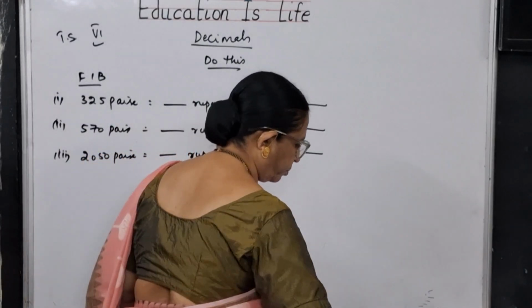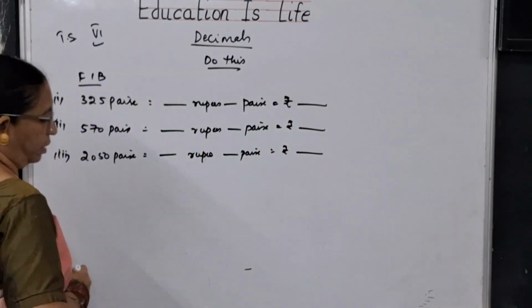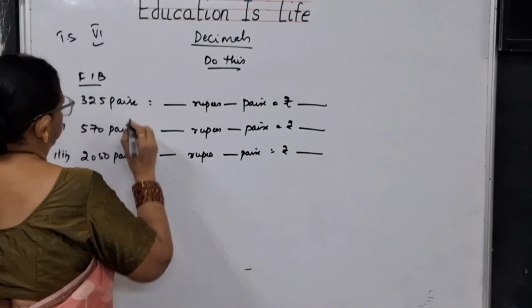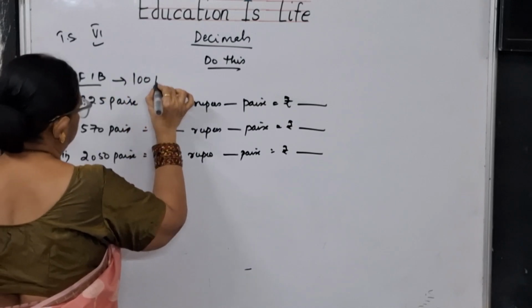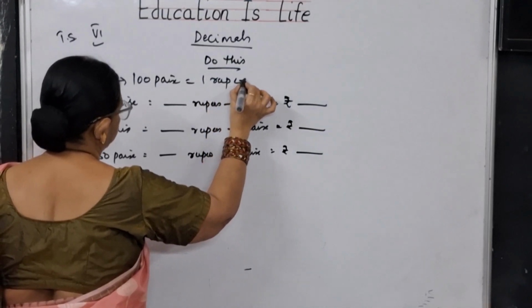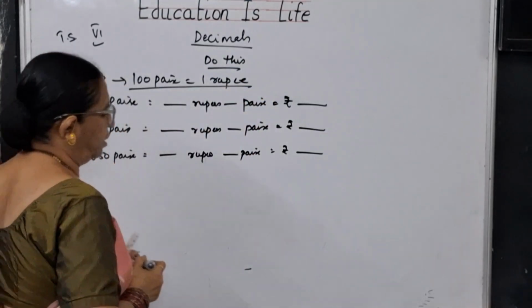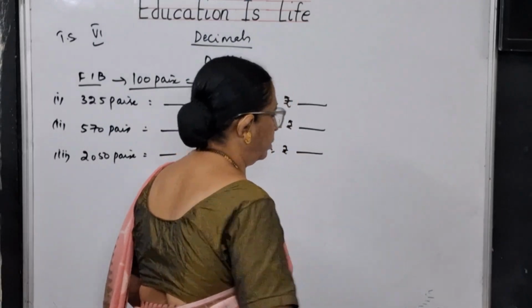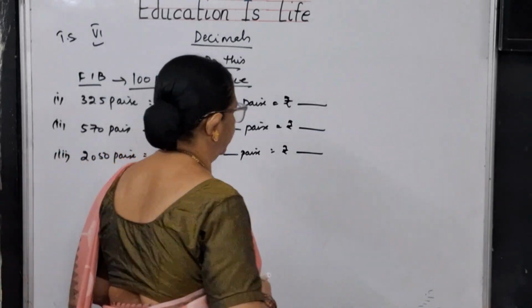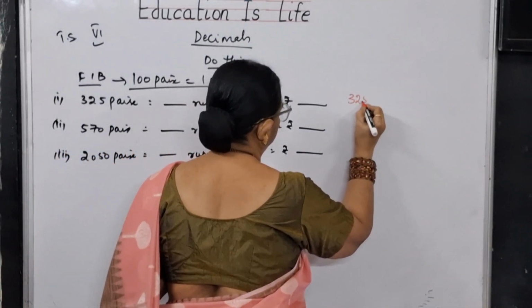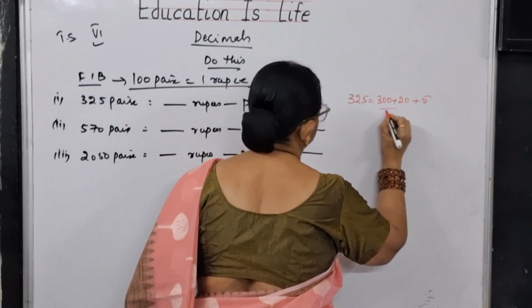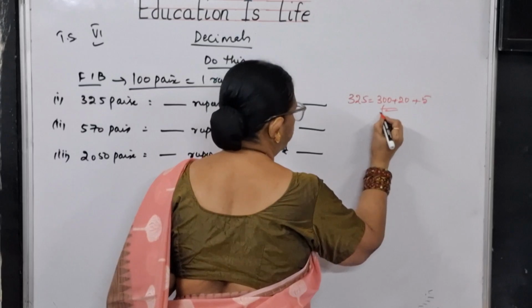3 bits are there. So we know that 100 paise means 1 rupee. This every one of us knows. With this knowledge only, we are going to do this problem. 325, when you are writing in expansion form, you will be writing it as 300 plus 20 plus 5. That means this many paise.